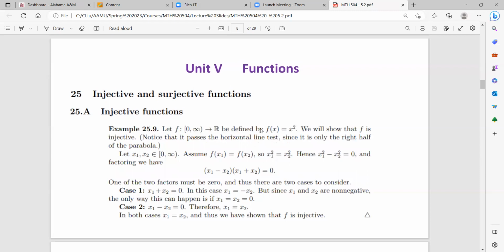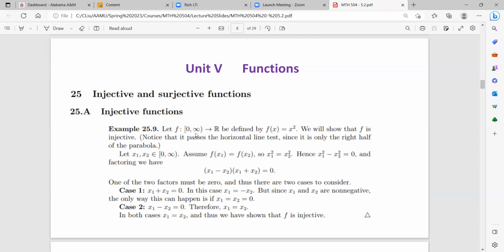And if we draw the graph, it does pass the horizontal line test, because this time you only have the right hand half of the curve when you restrict the domain to be non-negative, right? You don't have the left hand half of the curve or the parabola.